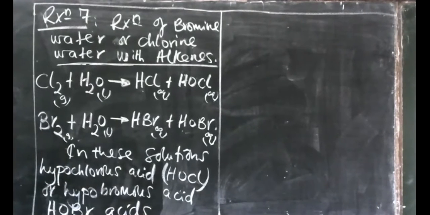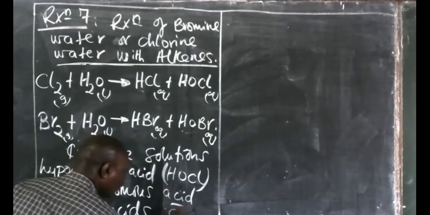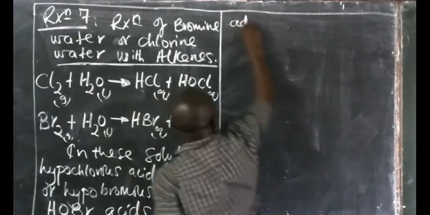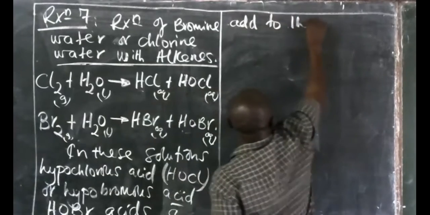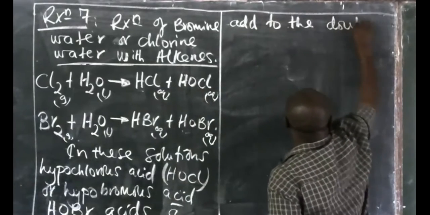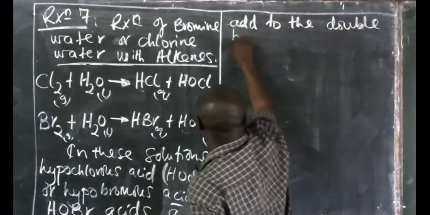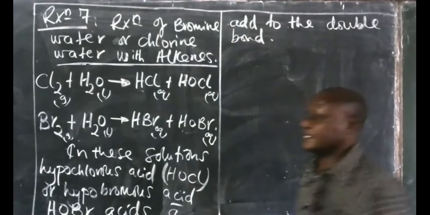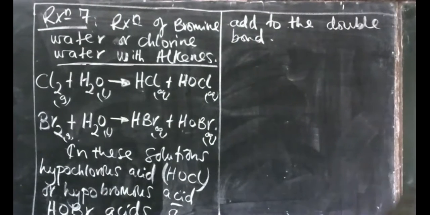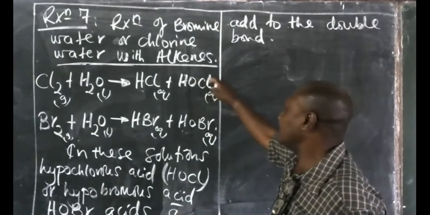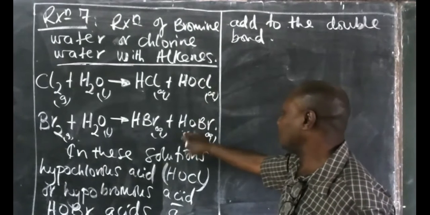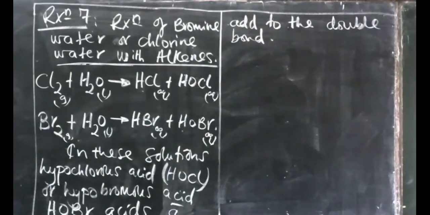It is those acids which add to the double bond, and it's going to give us a product that's got two functional groups. So it's going to give us a compound with the two functional groups, the OH group and then the Cl, or the OH group and then what? Bromide group.